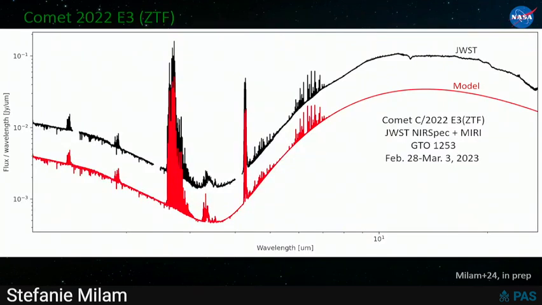But of course, the best thing in the solar system are comets, because that's what I do. So I had a guaranteed time project to study a target of opportunity comet in cycle 1.